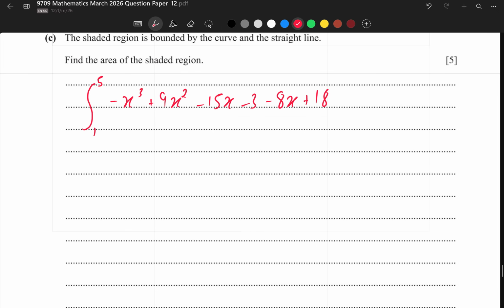Now if we simplify this, the limits will stay the same: -x³ + 9x² - 23x + 15.